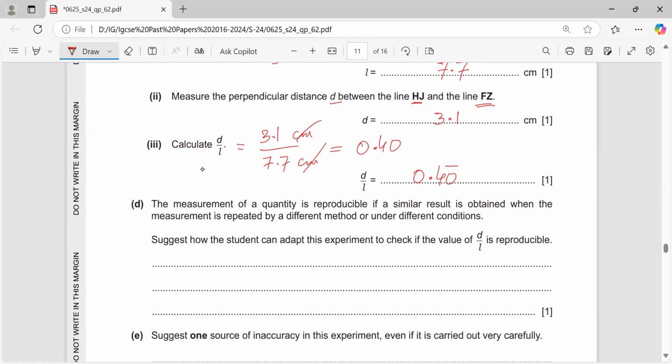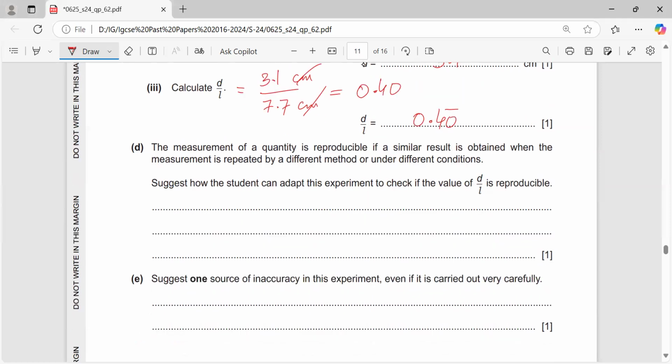Repeat the experiment with optical pins, before we were not using light, optical pins.